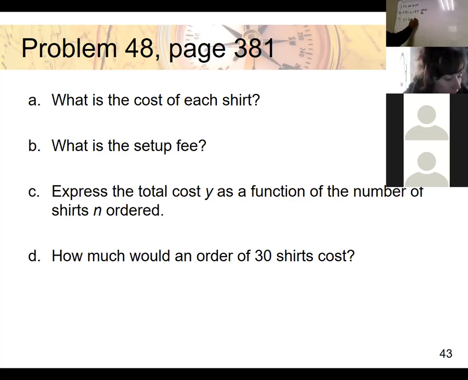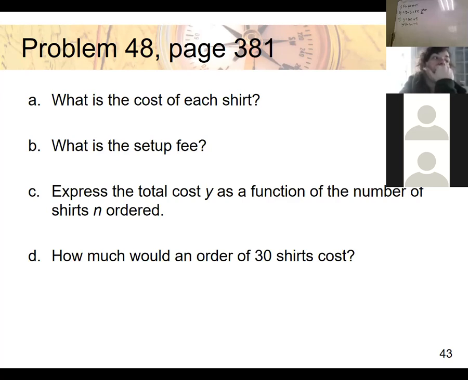And then we add the cost of the setup fee. That's 9. So this would be the equation, Y is equal to 6n plus 9. And if they want it as a function, it would have to be this, Y of n.